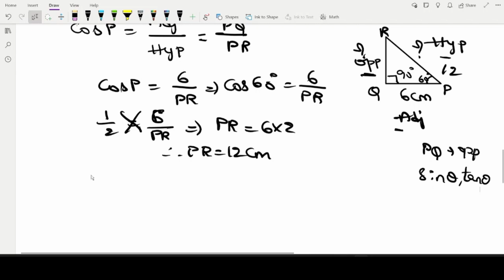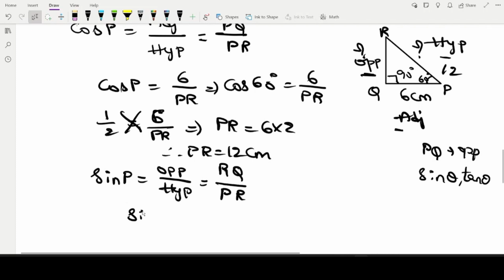Let me use sine: sine P equals opposite side divided by hypotenuse. The opposite side is QR, so sine 60 degrees equals QR divided by PR, where PR is 12.